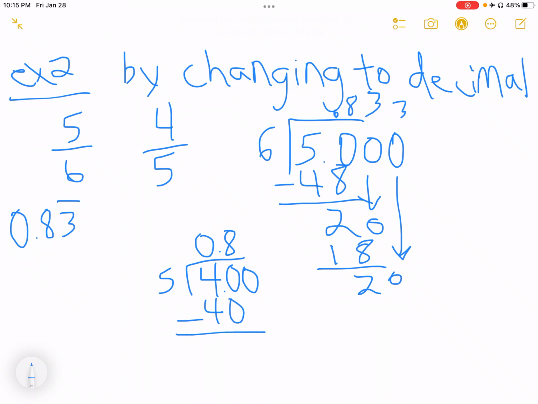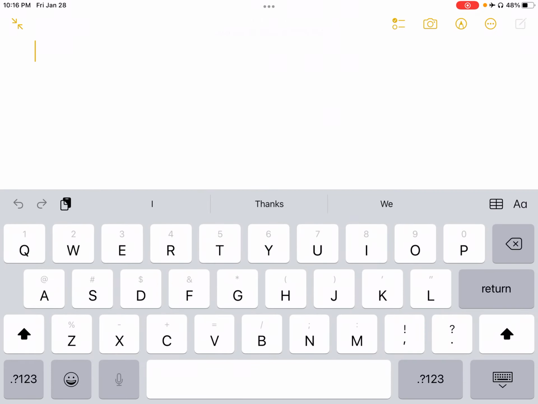Because the first time we do it, we're golden. We got 0 there, so 0.8. So then we have these to compare. We have 0.83 repeating compared to 0.8, and you can see that the one on the left is bigger. Okay.